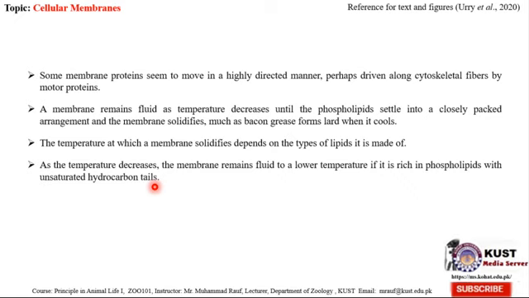So the presence of unsaturated fatty acids increases permeability, and the presence of saturated fatty acids decreases permeability, because the tails of saturated fatty acids are straight, and therefore they are closely packed with each other, thereby decreasing the fluidity.